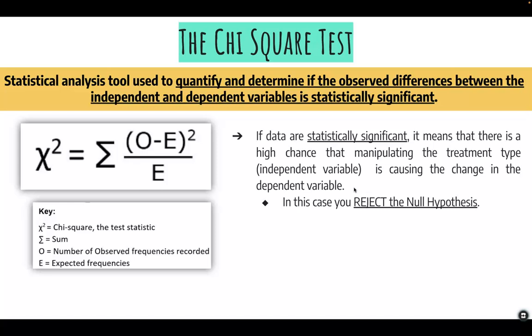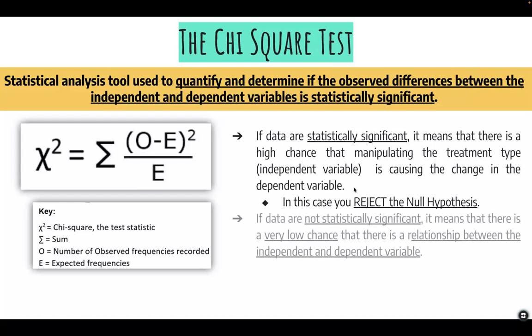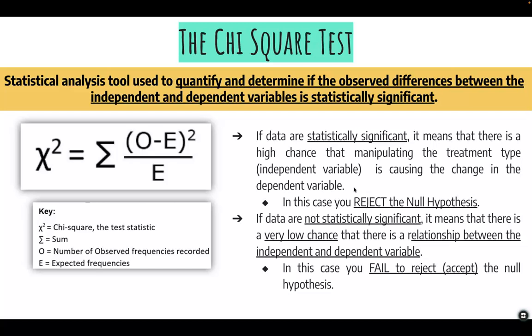If there is a statistical significance, then you are going to reject the null hypothesis because you are saying that there is a cause and effect relationship. And if the data is not statistically significant, then you're going to fail to reject, so you're basically going to accept the null hypothesis. Here you're saying that there's a very low chance that there is a relationship between the independent and dependent variables, so there's not going to be a cause and effect relationship.